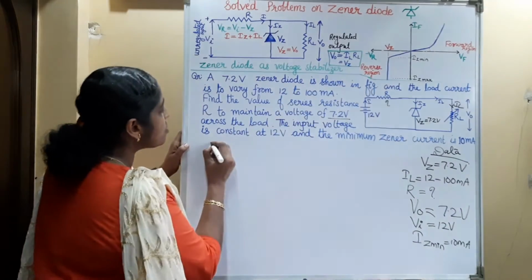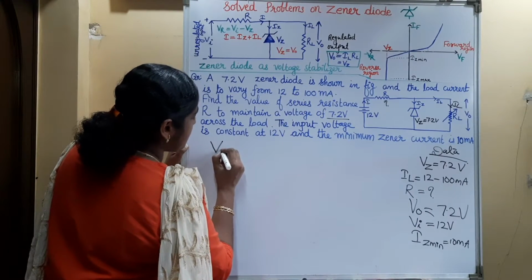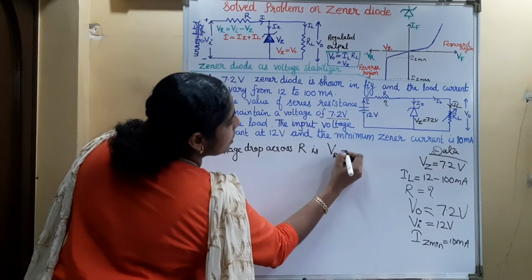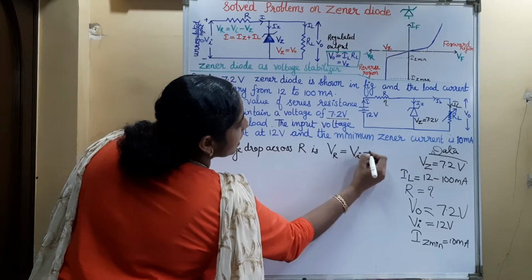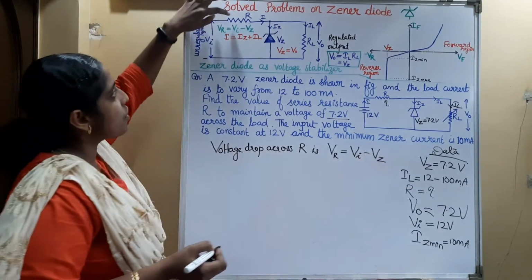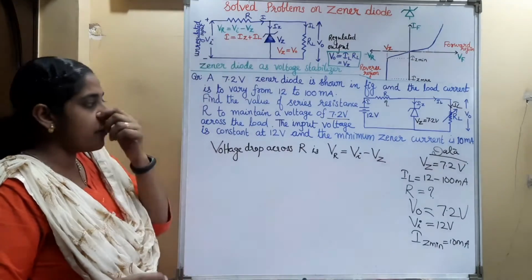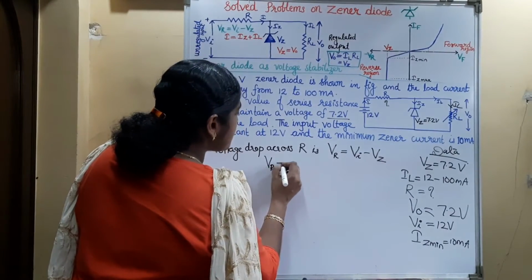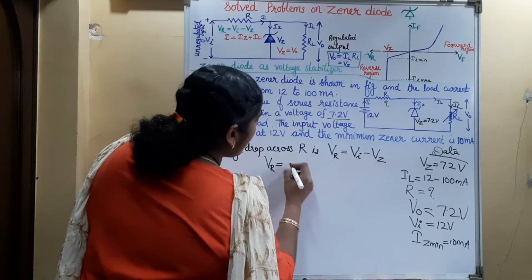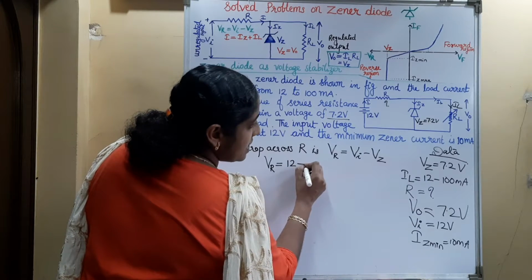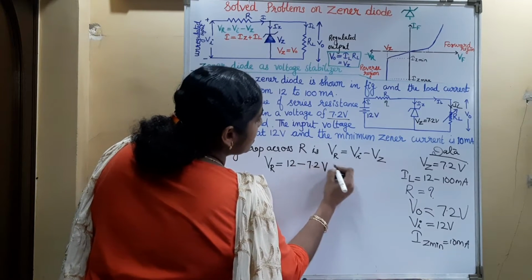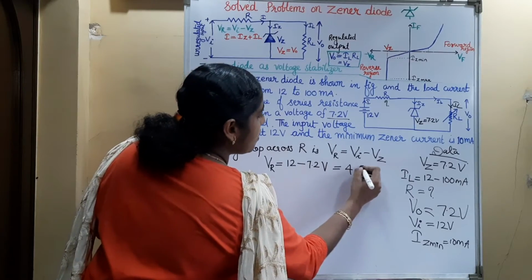The voltage drop across this resistance is VR equal to VI minus VZ, the input voltage minus Zener voltage. V across this resistance R is VI, 12 volt, minus VZ, 7.2 volt, that is 4.8 volt.